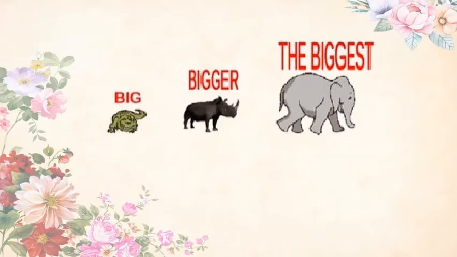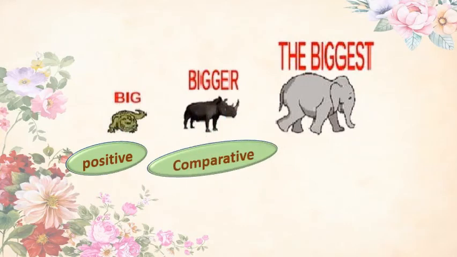Now we will find out here which is positive, which is comparative and which is superlative. Are you going to help me? Yes, correct. Big is positive, bigger is comparative and the biggest is superlative degree. Very good, students.